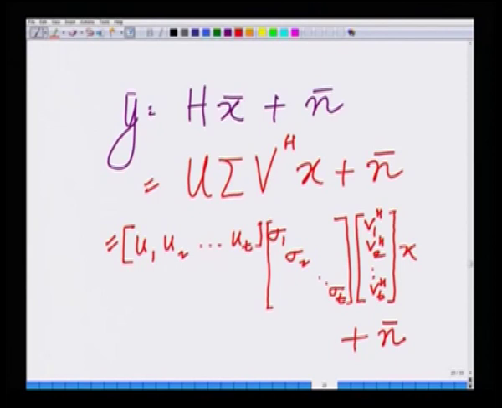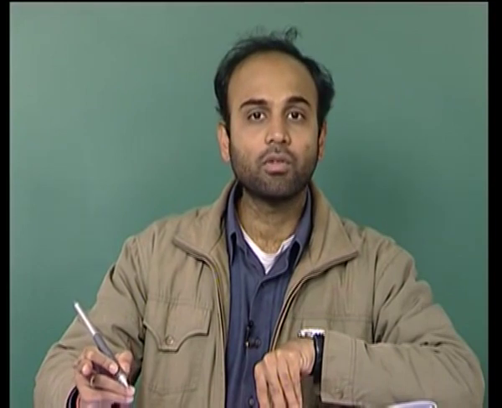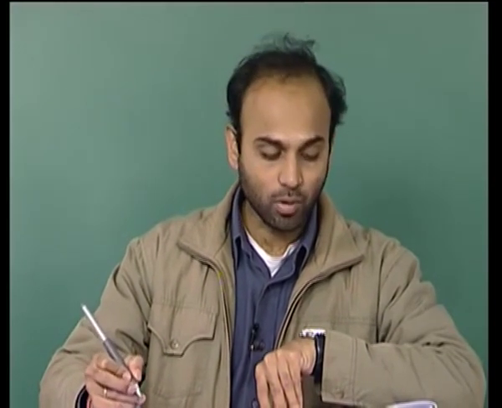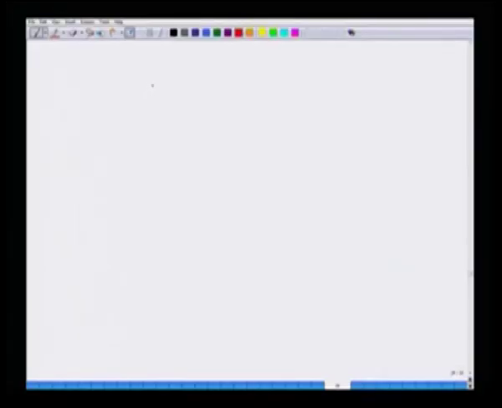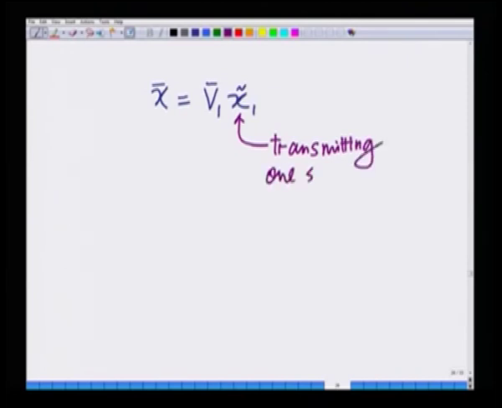Now I am going to use one of the dimensions, or one of the modes, of this MIMO channel for transmission as follows. I am going to form my transmit vector x bar as x bar equals V1 bar x1 tilde. So, my transmit vector x bar, even though it is a vector, has only one symbol, that is, I am only transmitting one symbol x1 tilde.